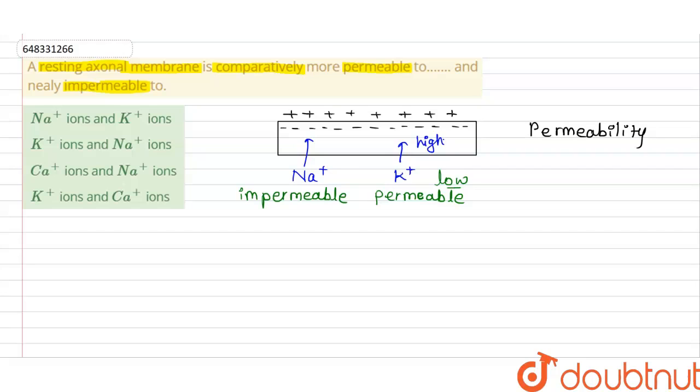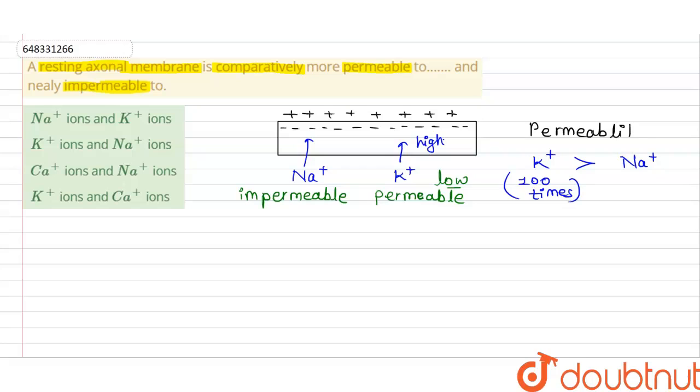The permeability of potassium is 100 times more than that of sodium. Understand?